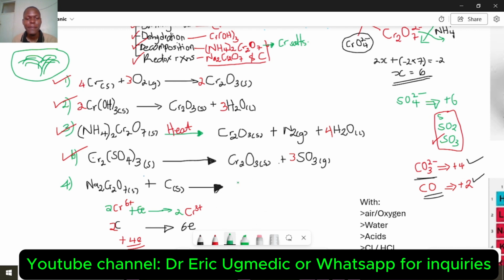So I'll have my chromium 3 oxide. I'll have a carbonate, which in this case will be sodium carbonate. So I expect everyone to be knowing how to write sodium carbonate, the formula.